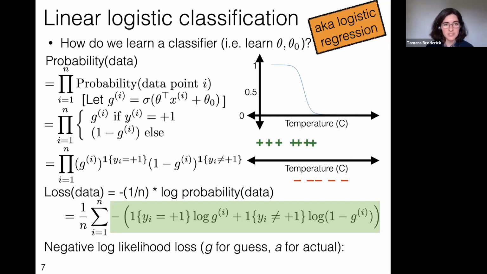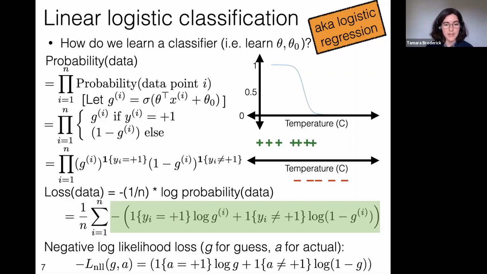And again, we have this sort of thing where we think of G as being our guess and A as being our actual value. And so writing that in, this is what we get. So we're taking this negative log likelihood loss, so L sub NLL. Our guess is a little bit different than in the past. In the past, our guess was something that was really binary. It could just take 2 values.